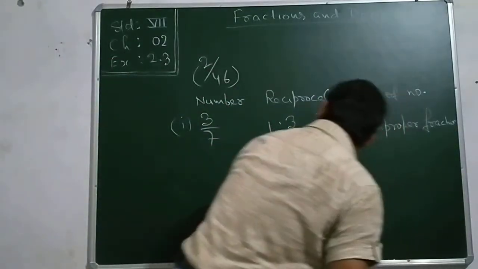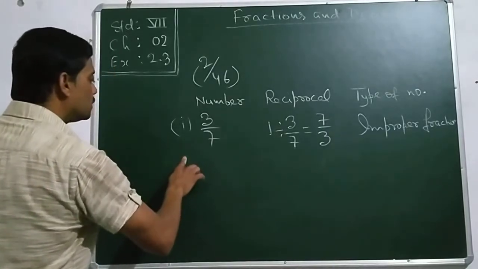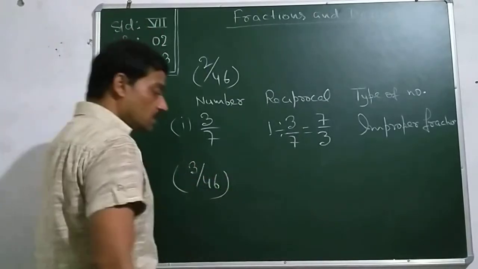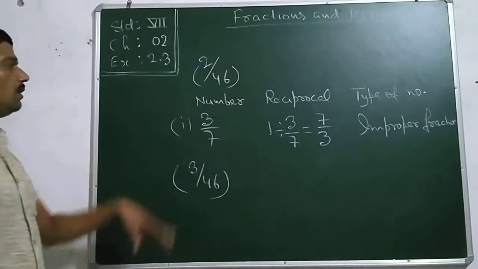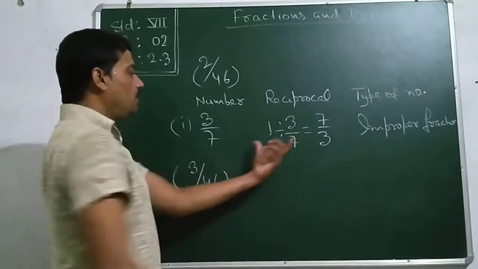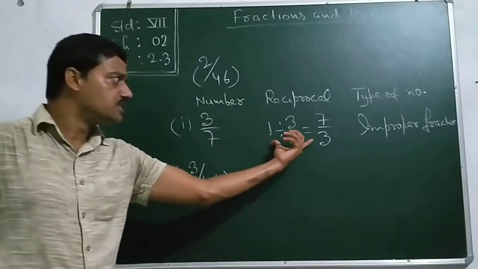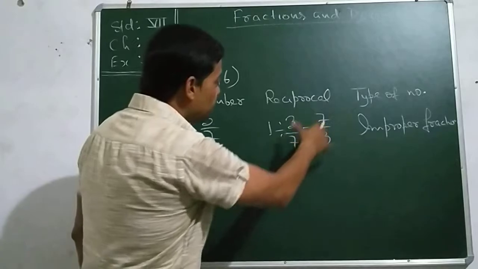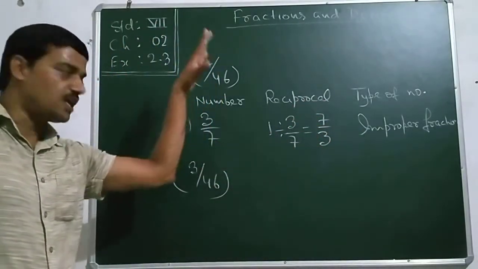In the next sum, that is three numbers, take care, I have not yet completed all the sums of two number. I have shown you one how to solve that. You could have reduced one step, and you can also exclude this division process. Only 3 by 7 can be written directly as 7 by 3 when the reciprocal is asked for.